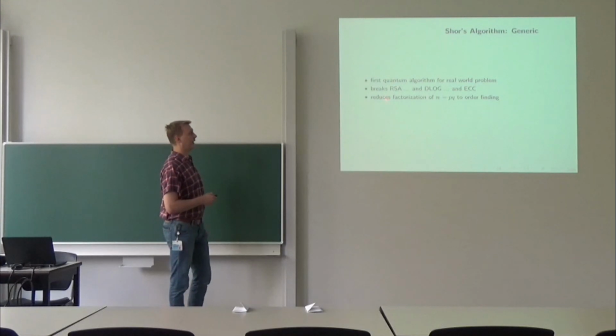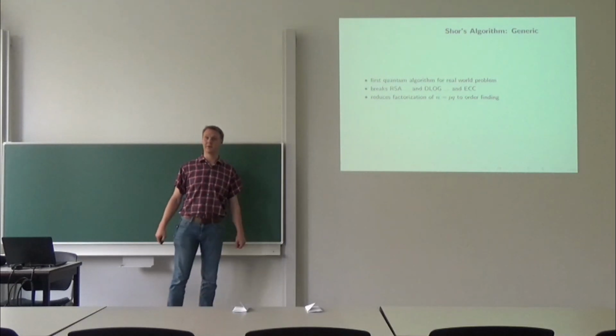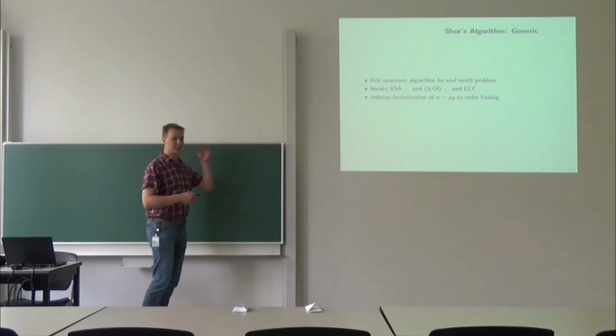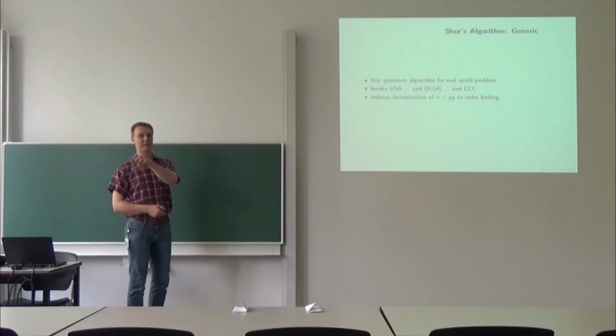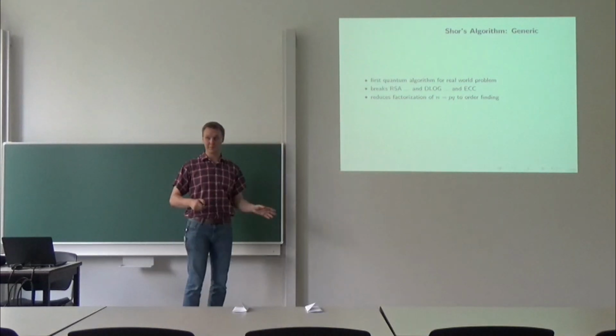And this factorization is the second step. The first step is finding the order in the multiplicative group modulo n. So if you know the order, then you can factor. If you can factor, then you can compute the order. The two problems are equivalent.